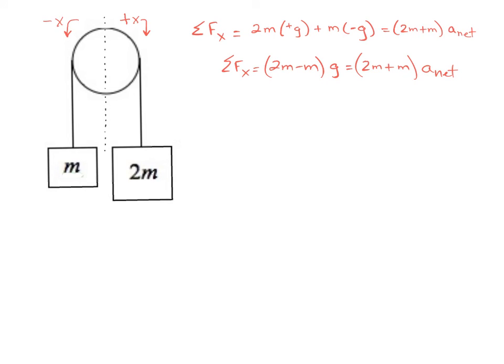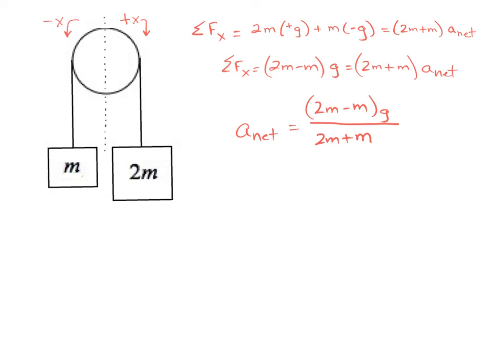And then if we want to isolate a net by itself, we can divide the left side of the equation by 2m plus m and keep a net by itself, and it looks something like this. A net would be equal to 2m minus m, all times the quantity g, divided by 2m plus m.